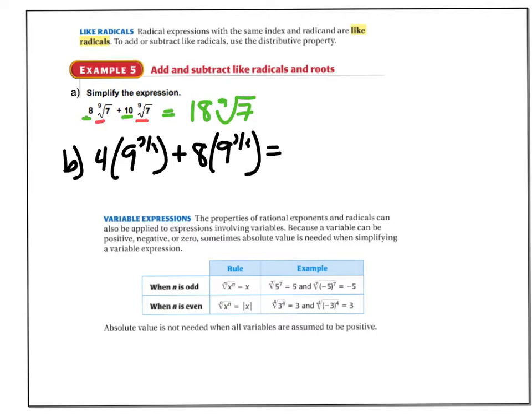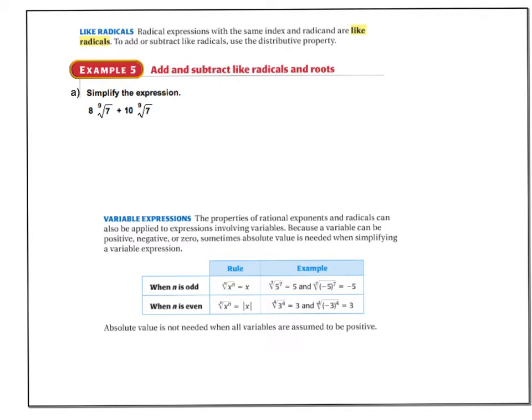And so here you have the same, not technically radical part, but rational exponent part. And so you could just combine this simply by saying 4 plus 8, and you get your 12, and you could multiply it then by 9 to the power of 2/3. You would get the same answer either way. The answer would be the same if you did this and then plus this, or if you added the 4 plus 8 and then did 12 times that part.